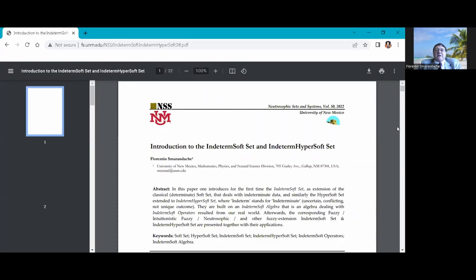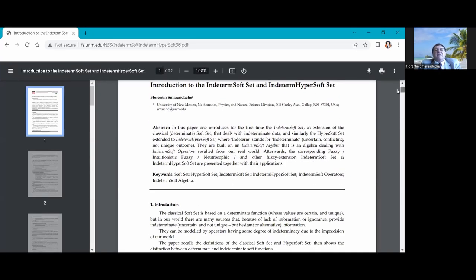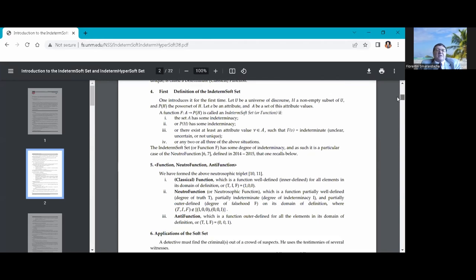Then among the last ones, we have the new types of indeterminate soft-set and indeterminate hyper-soft-set.